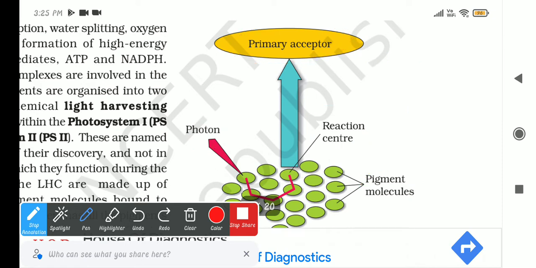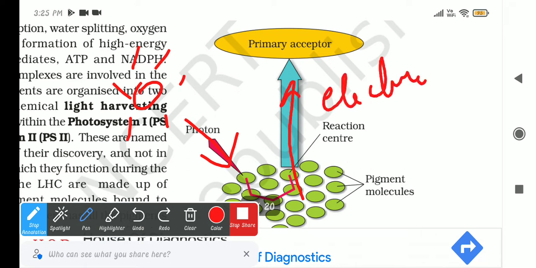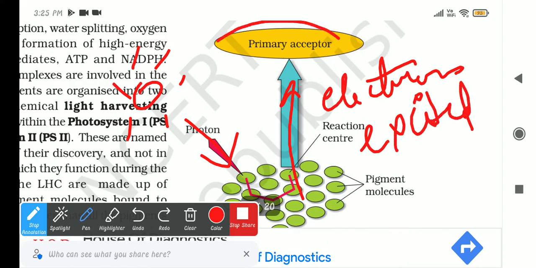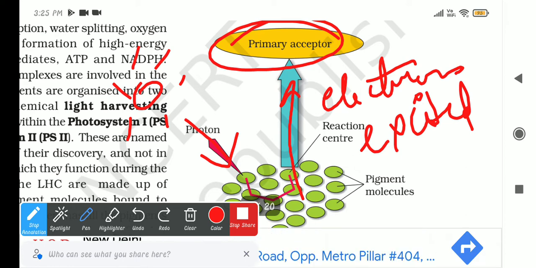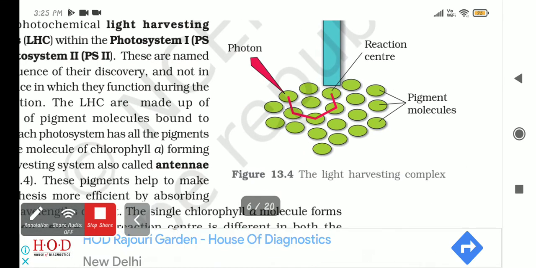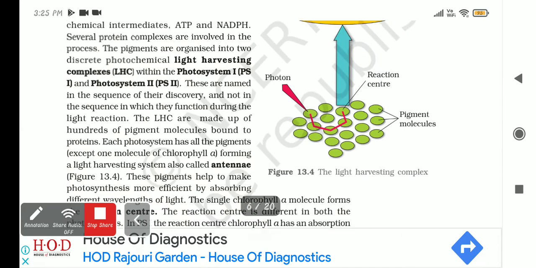What happens when sunlight falls on these pigments? Light falls on the pigments and the reaction center, and the electrons get excited. These electrons are then accepted by our primary acceptor. So this is our basic light harvesting complex.